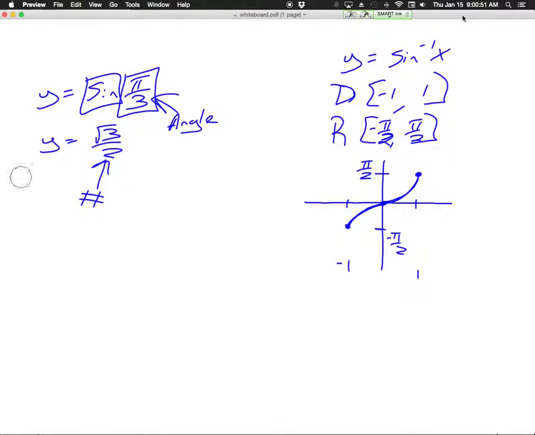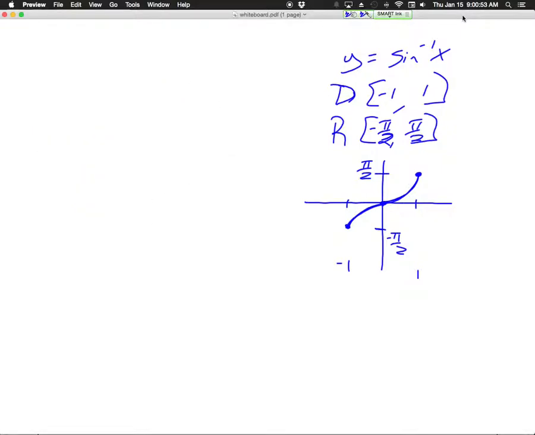So, an inverse trig function that we want to evaluate looks like y equals inverse sine of the square root of 3 over 2. Okay, notice what is being inputted? A number, so that means what do I need to get out? An angle. Now, what are we going to do to find that angle? You're going to use your special angles chart.